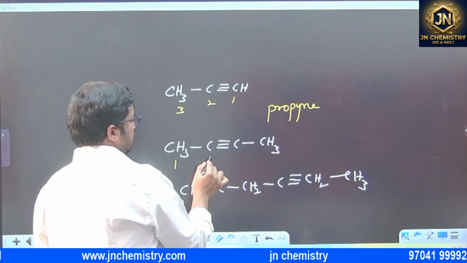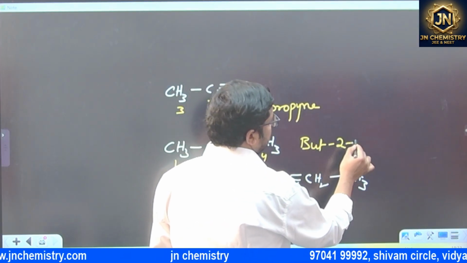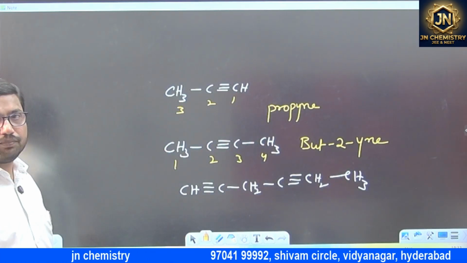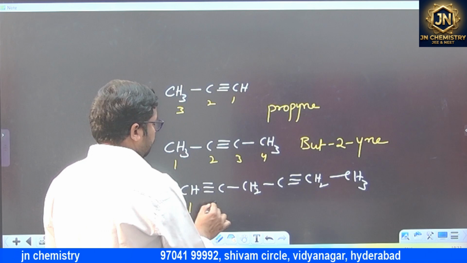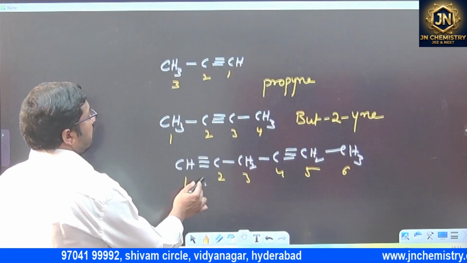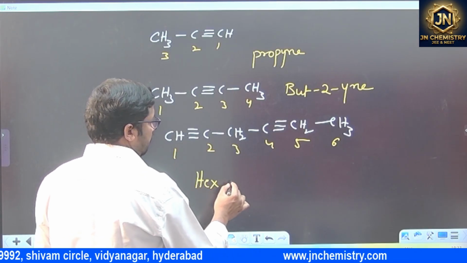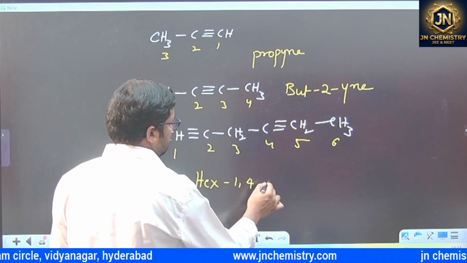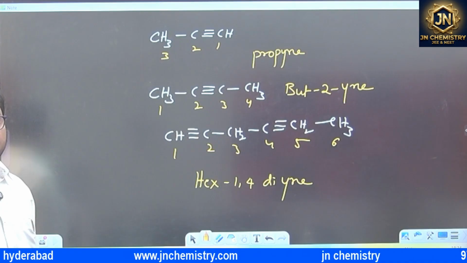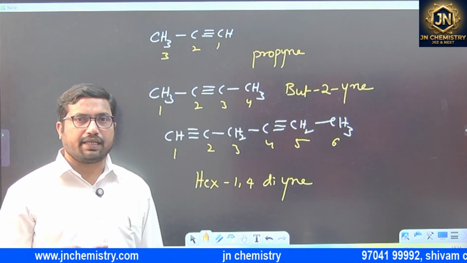Here it is but-2-yne. But-1-yne is also possible, so that's the reason you take but-2-yne. In this case, 1, 2, 3, 4, 5, 6: hexa-1,4-diyne. When n number of triple bonds are coming, we use diyne, triyne, tetrayne, pentayne, like that.